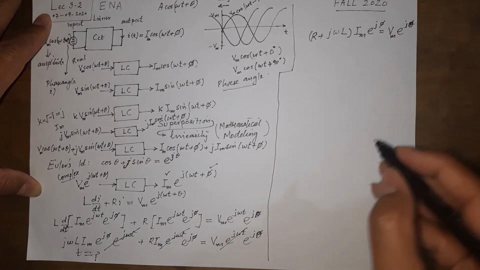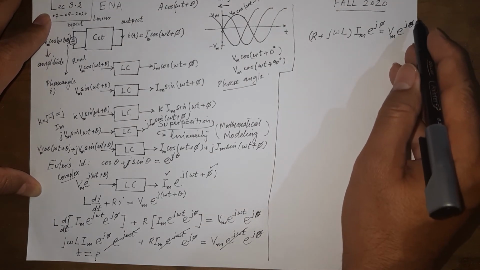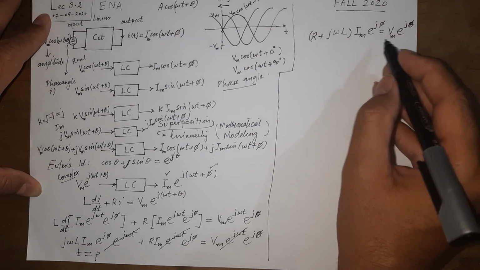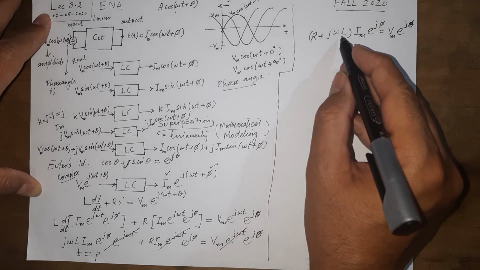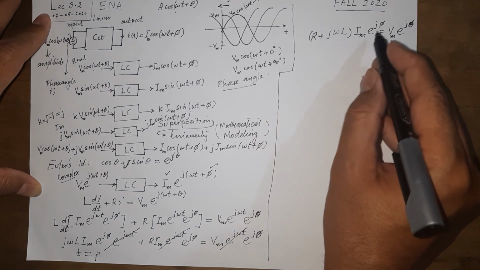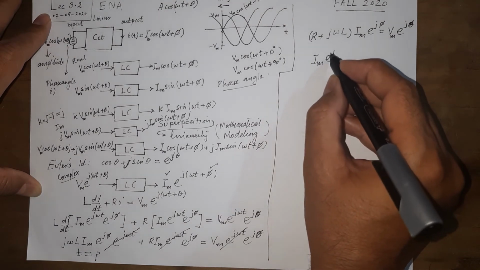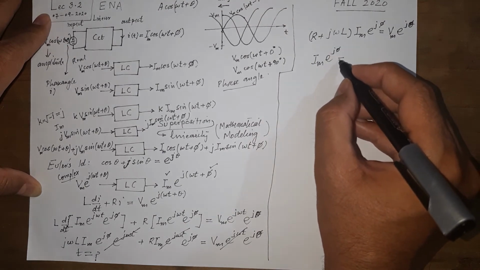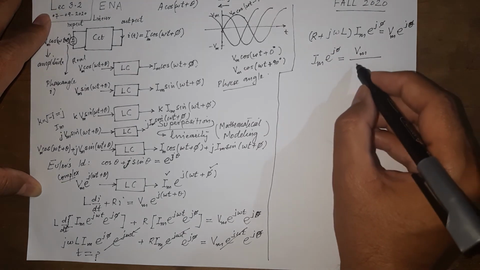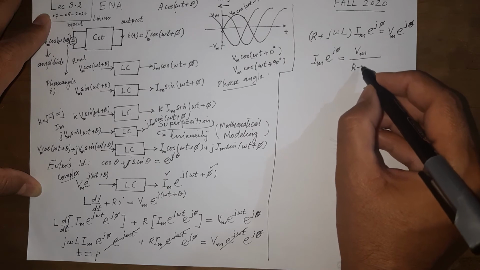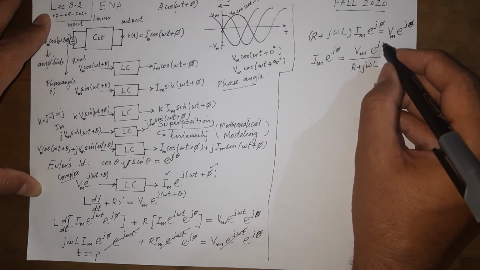Phi shouldn't get cancelled because that is an unknown. We know theta, we know Vm, we know R, we know omega, iota, L. What we don't know is Im and phi. So Im e raised power iota phi is equal to Vm over R plus j omega L, times e raised to j theta.